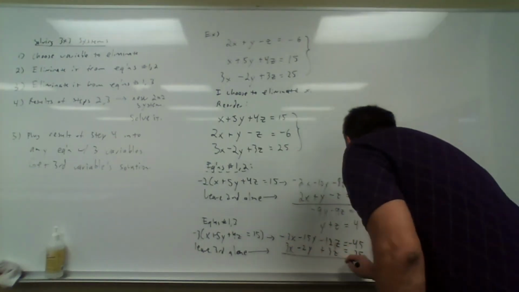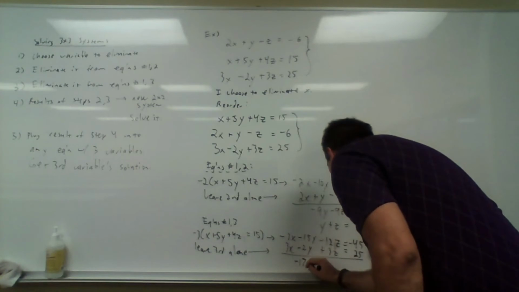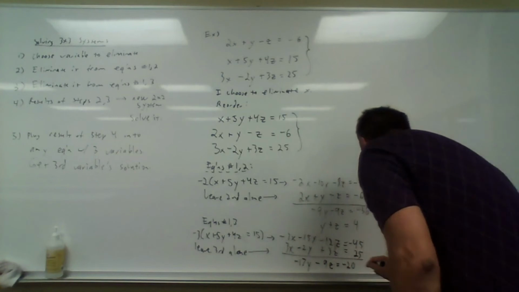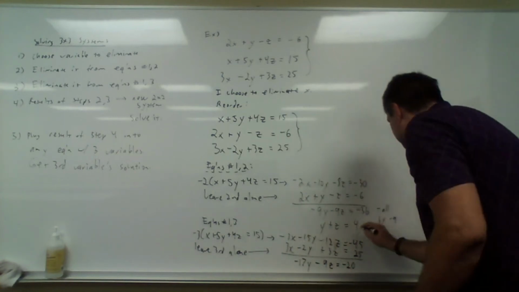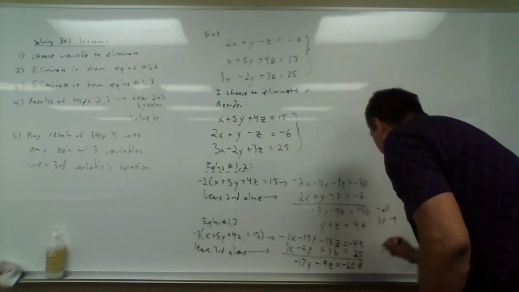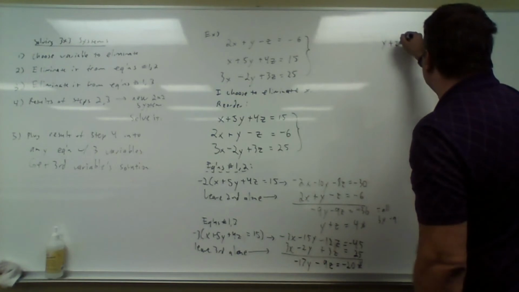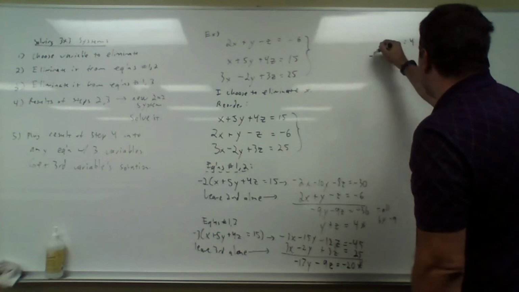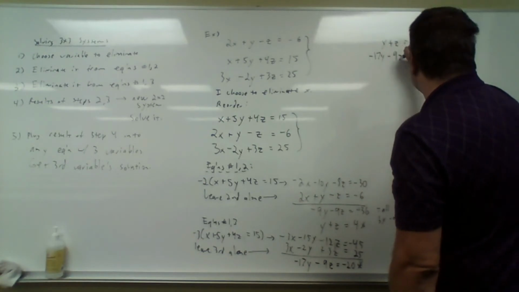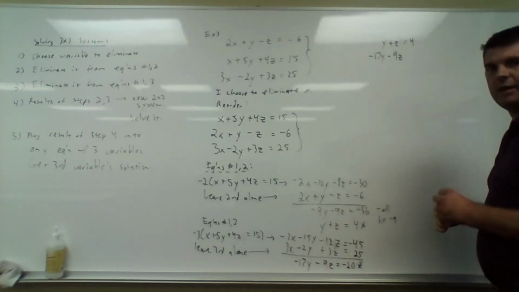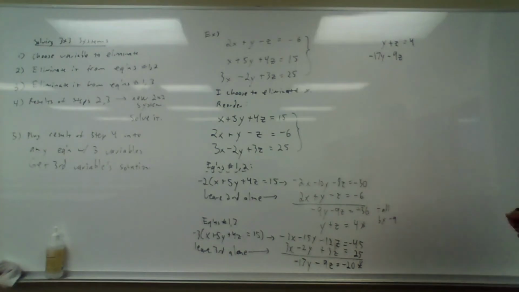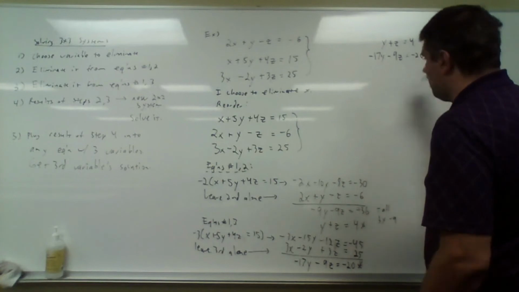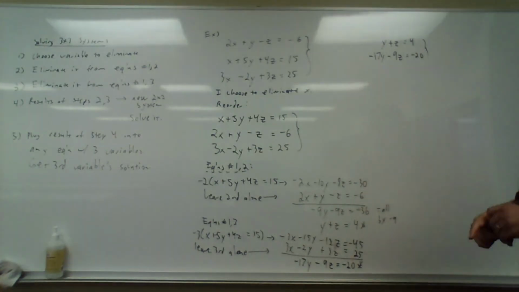So we end up with negative 17y minus 9z equals negative 20. So I'm going to take this and put it in a new system: y plus z equals 4, and negative 17y minus 9z equals negative 20. I'll leave it the way it is. Okay? I'm going to pause right here and take stock.